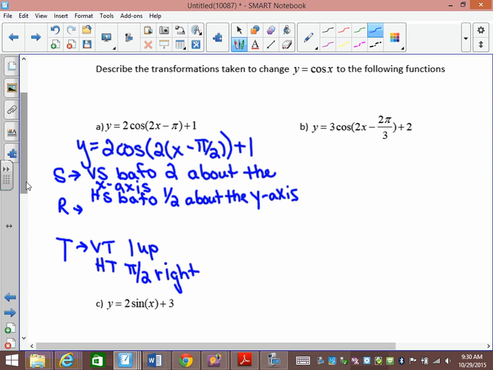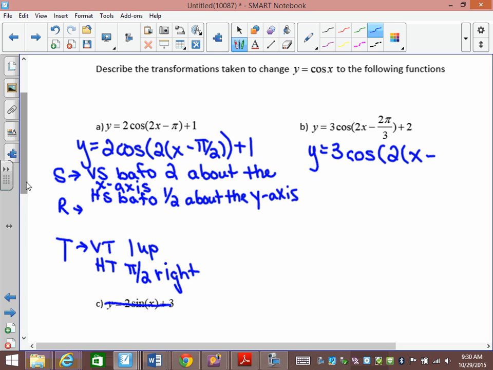B. B gets a little trickier. We're going to ignore C because it's a sine graph and we're comparing it to a cos. That's silly. So B, I'm going to get y equals 3 cos. I take the 2 out and I'm left with x minus what?